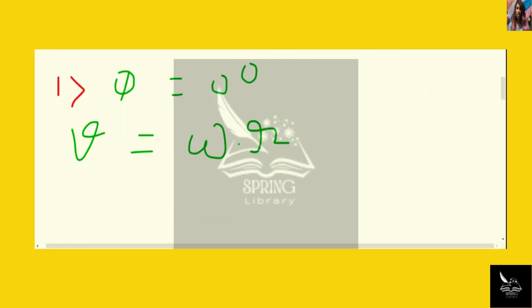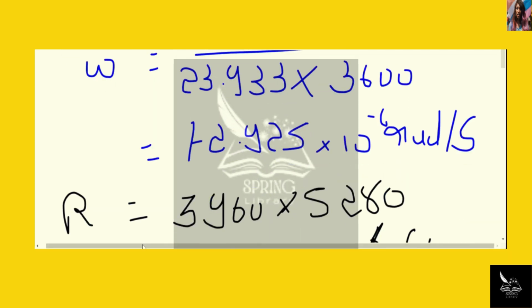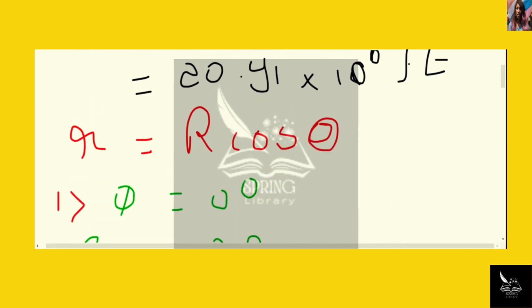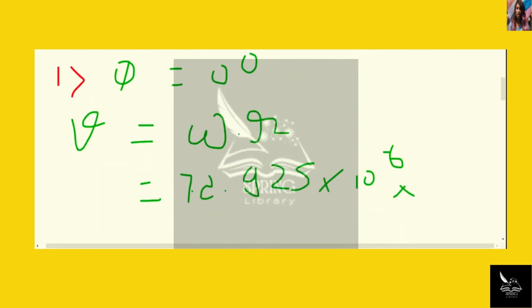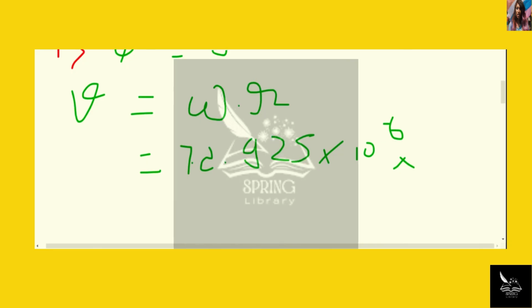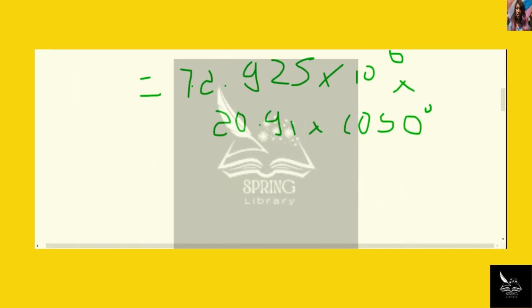We have omega, which is 72.925 times 10 to the power minus 6, times r, which is R cos theta, so 20.91 times 10 to the power 6 times cos 0, because theta is equal to 0.